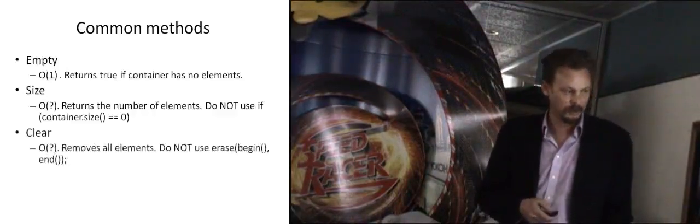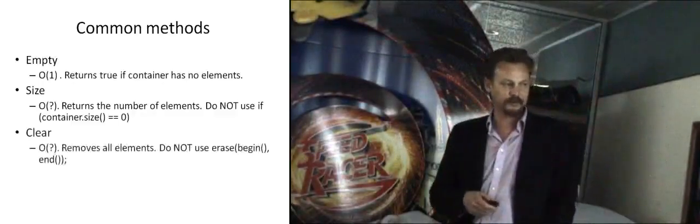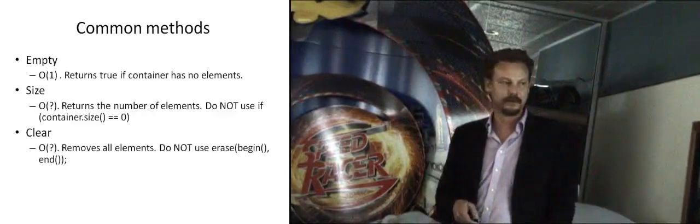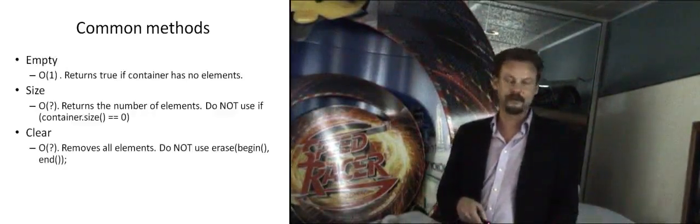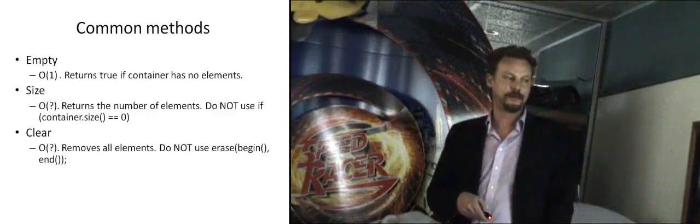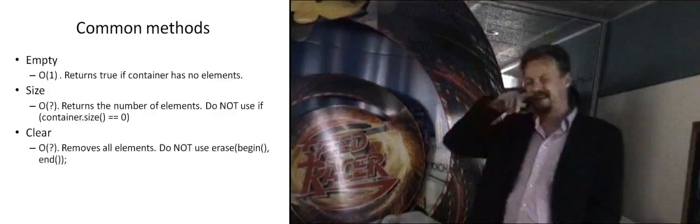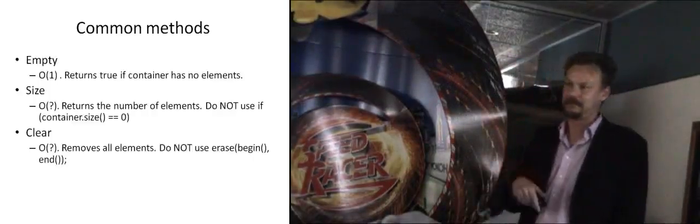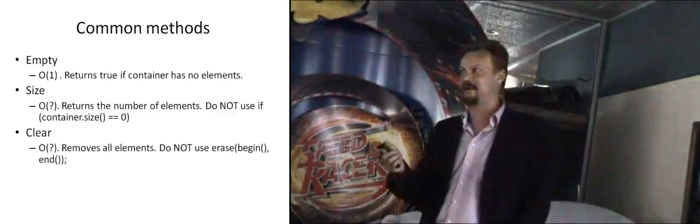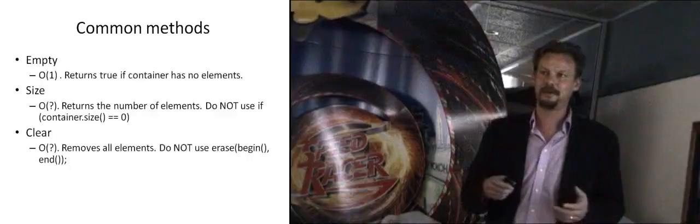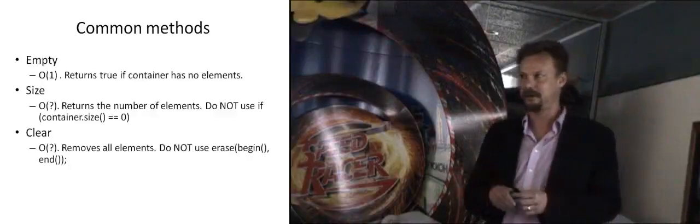Clear, again, the complexity of clear is container specific, if you like. It removes all elements in the container. Don't use erase begin end, although you could. It's a bit more efficient to use clear. I don't want to get into a big discussion about assign methods and how to trim a vector and how to clear a vector and make sure that the vector's actually got no storage left, if you assign a null vector to it, and swapping with a null vector and all of that.